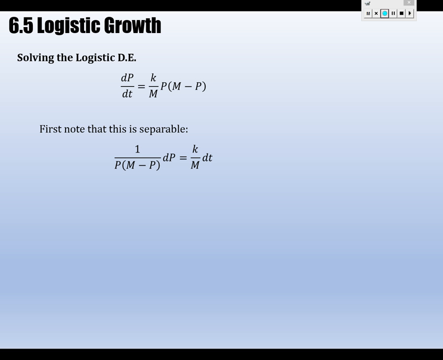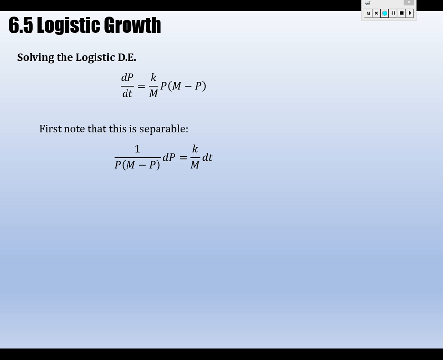If you separate variables, you get this, yes? Just say agree. Do you agree? I just divided both sides by the things that have a p involved, and I moved the dt over, and now I'm going to integrate this. Yeah? So, like the last one, does it matter if we don't know how to do this?